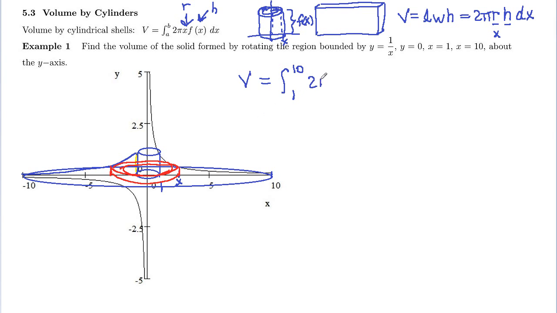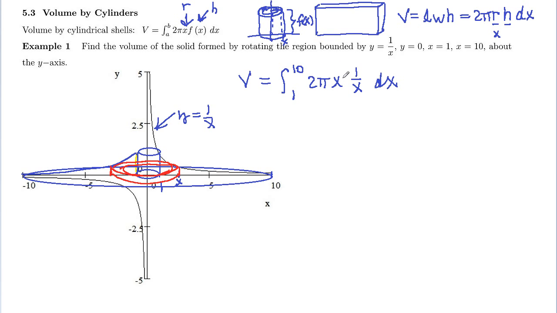And 2 pi x, and then our f of x, the height here, is y equals 1 over x. Actually, at this x, the height there is 1 over x. So 2 pi x times 1 over x dx. That's our 2 pi x f of x dx.